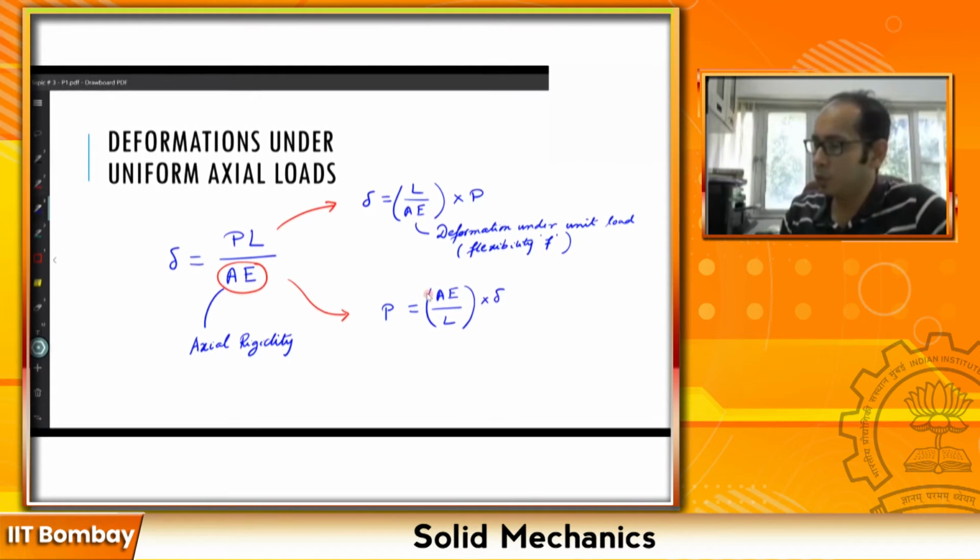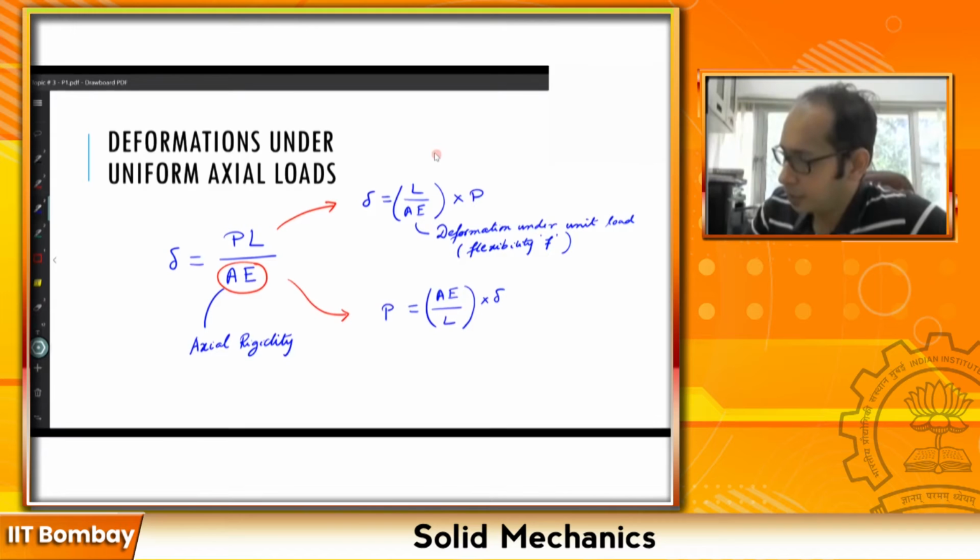Now similar to how we expressed what the delta is when P equals 1, when delta equals 1, your P is AE divided by L. So what does it essentially mean? That means AE divided by L is the load to produce unit deflection, right?